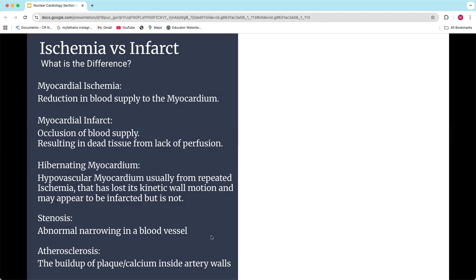What that means is that portion of the tissue is not contracting and moving. It's lost its kinetic wall motion. You can still have it getting blood flow, but it's so low that it doesn't have enough for the sodium potassium pumps to create the gradient for contraction.